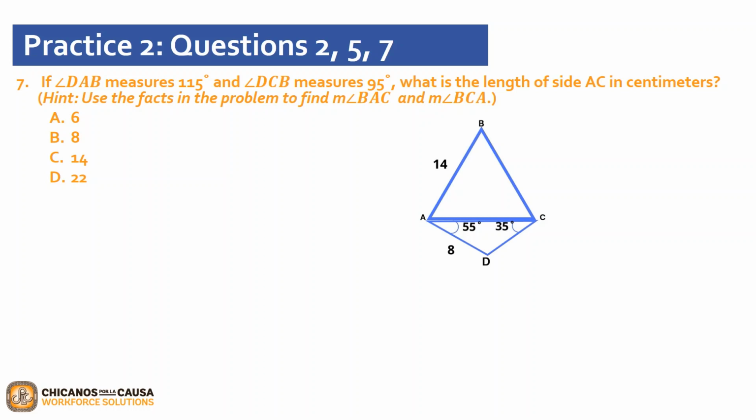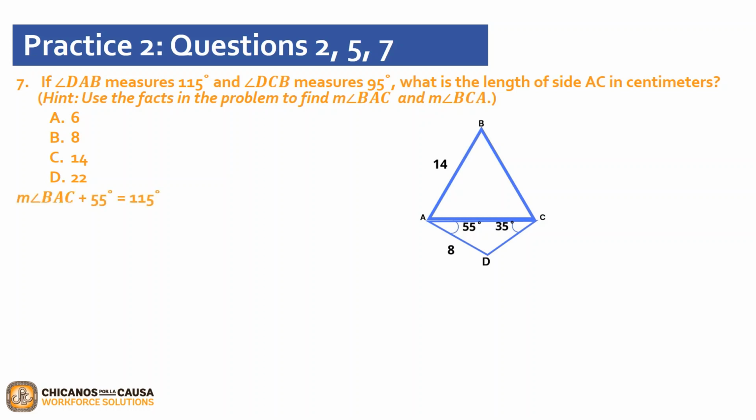Hint, use the facts in the problem to find the measurements of BAC and angle BCA. So let's go ahead and find the measurement of angle BAC and the measurement of angle BCA, which is going to help us essentially find the length of side AC.